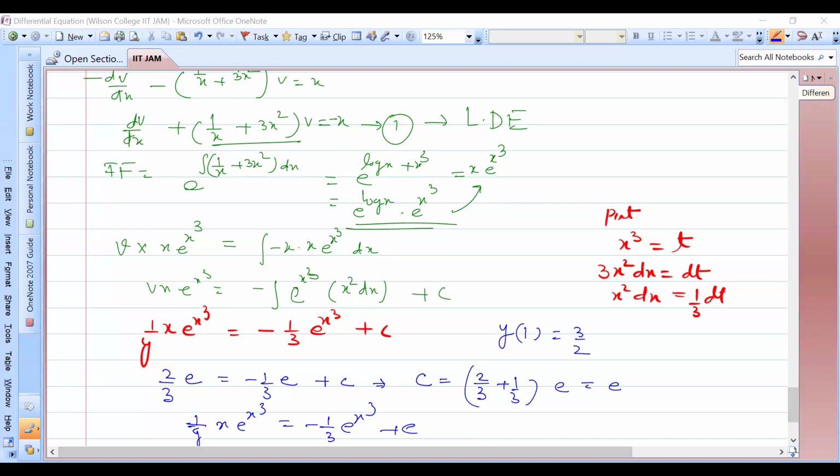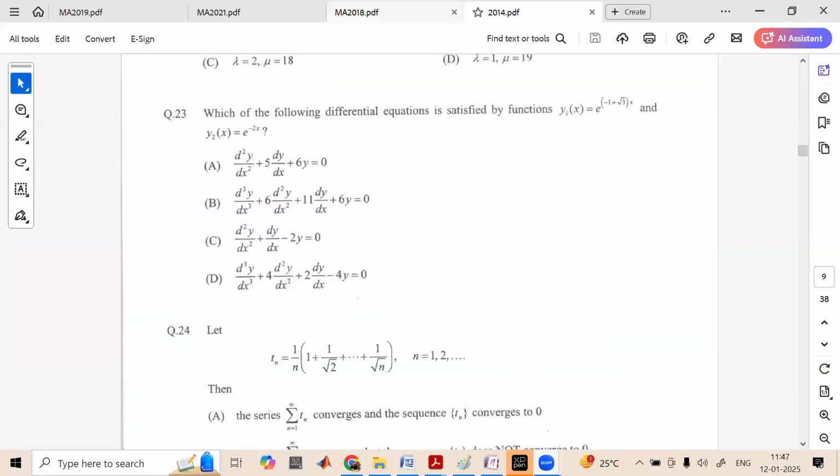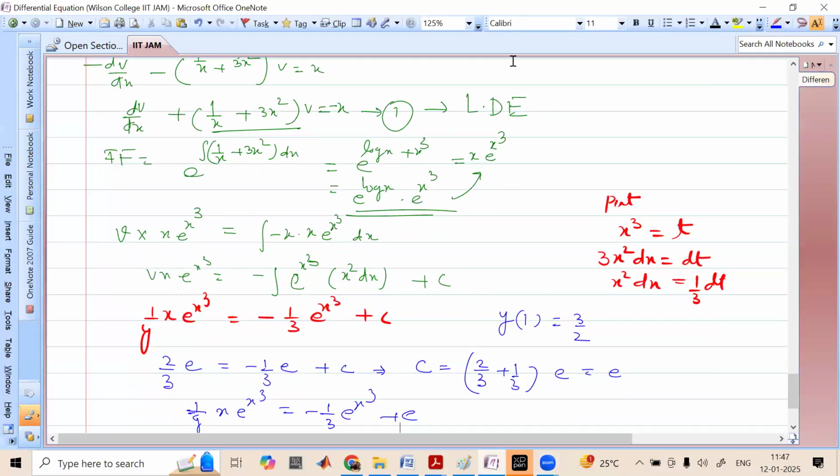One sec, one sec. What I'm doing, I'm stopping this slide and sharing another thing. Are you people able to see that question paper?